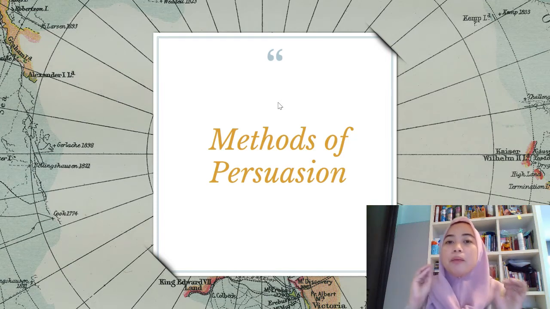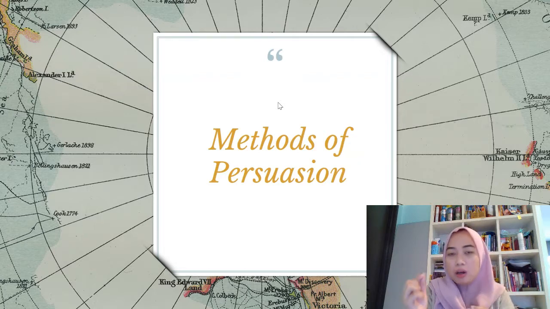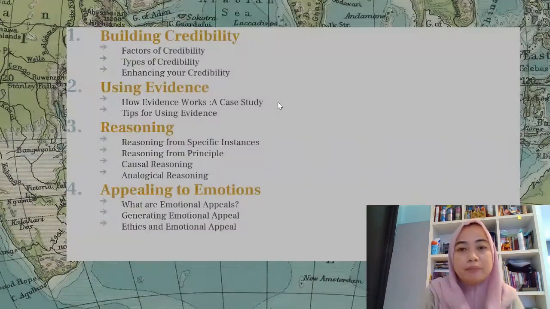The reason why persuasive speech is slightly harder compared to informative speech is because of the methods you have to use in order to persuade people. When you want to persuade people, it deals a lot with your critical thinking, which we will be doing very briefly in our class for today.